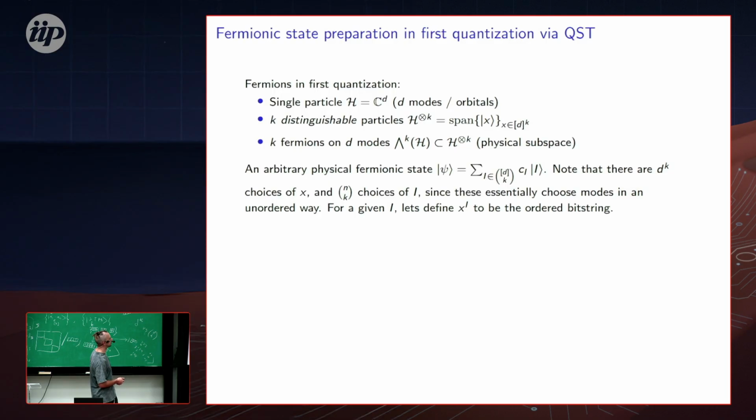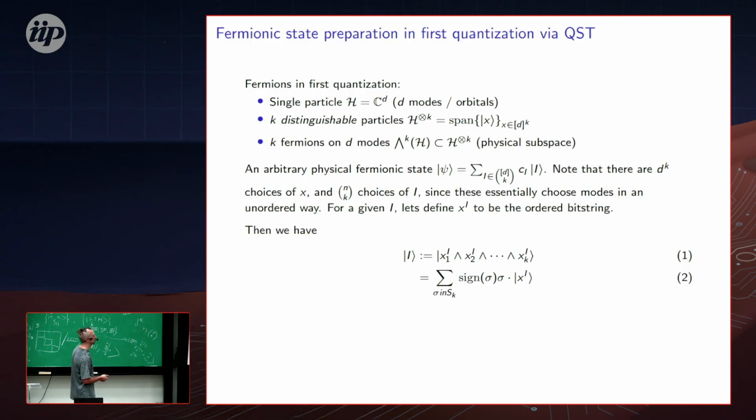The problem is that these basis states are very hard to prepare because they are completely antisymmetric linear combinations of computational basis states. For each subset I can define x_i to be the ordered bit string corresponding to those occupation modes. But the complete antisymmetrization of this involves k factorial terms with signs. So it's not obvious how to prepare a state like this, let alone the linear combination, in first quantization.